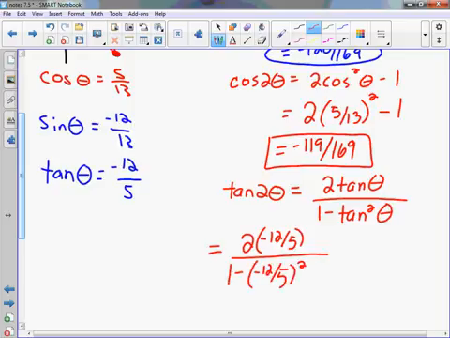And again, when we plug in those ratios, the tangents go away, just like they did in the previous one with the cosine. When you are plugging in what the tangent of theta is, make sure that drops out. So in your numerator, when you multiply that out, you should get negative 24 over 5.